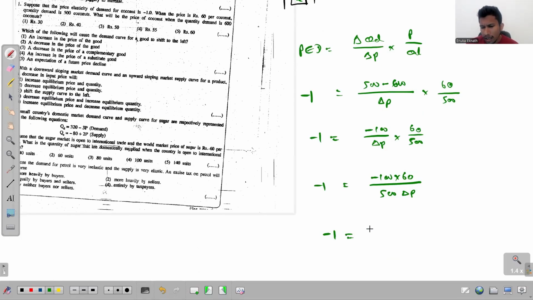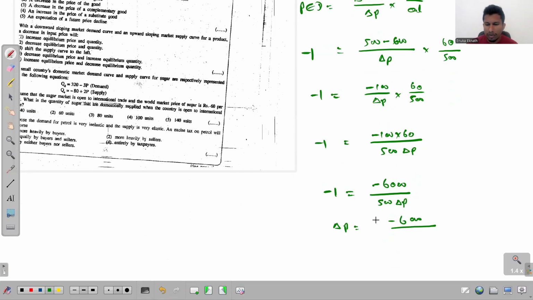You get -1 equals -6000 over 500 into delta P. So you write delta P is equal to 6000 over 500. Then you get the answer delta P to be 12.